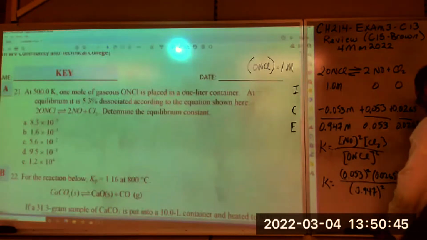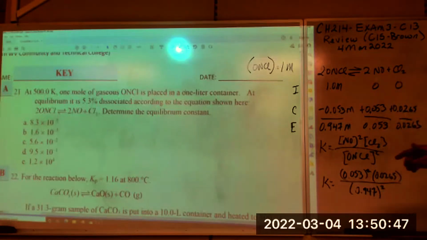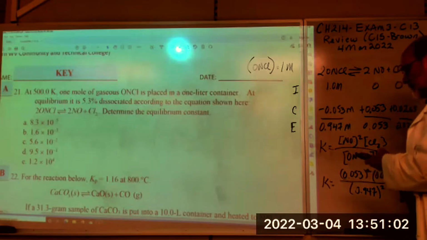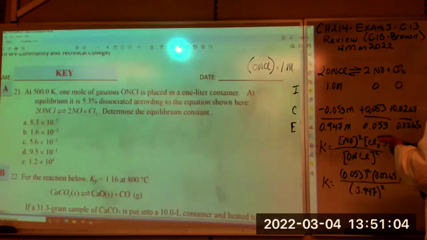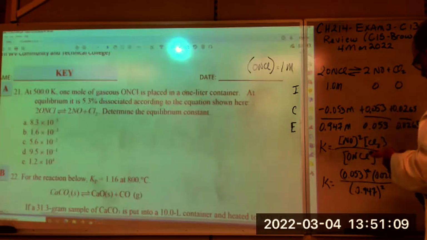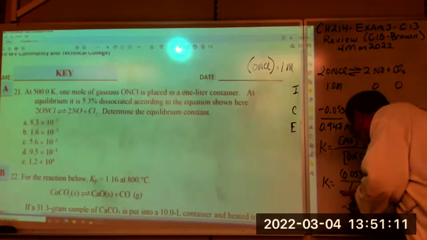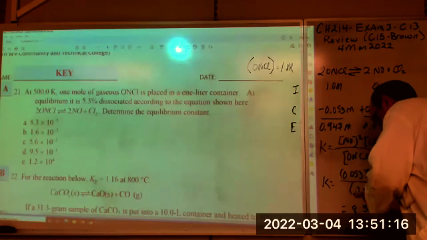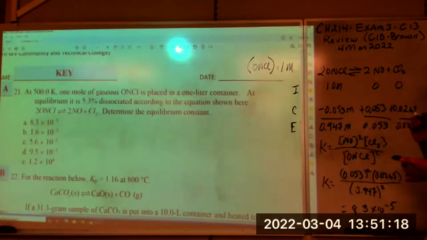Let's see if I did that right. 0.053 squared, 0.0265 times, and then 0.947 squared divided into that. So I get, rounded off, let's see, we had two significant figures, so that should be 8.3 times 10 to the minus 5.